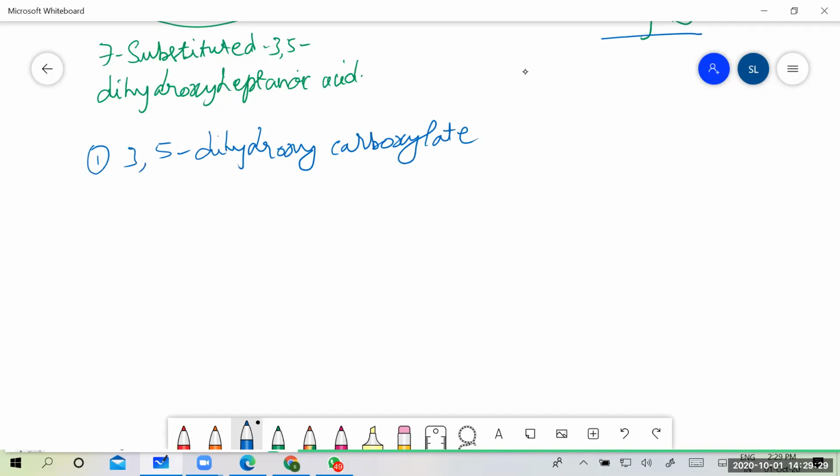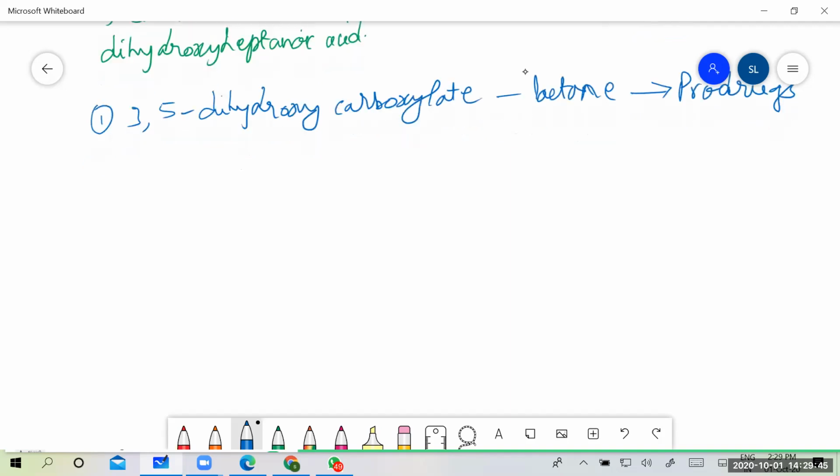Compounds containing lactone rings, so this is the open form. If the lactone form is present, then such drugs are prodrugs. So what is meant by prodrug? They require in vivo hydrolysis to give you the active compound.